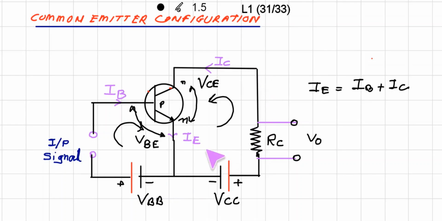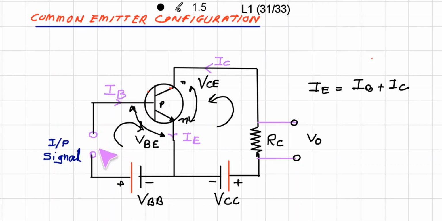Similarly, at the output side, the collector junction must be reverse biased. So to make the collector reverse biased, we connect the positive terminal of the battery to the collector and the negative terminal to the common emitter.